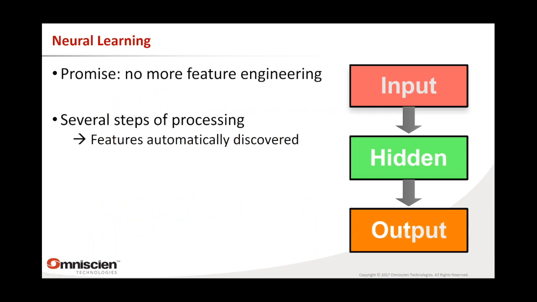The promise of neural networks is that we can forego some of this feature engineering. So instead of having the input and then coming up with features that represent the input most appropriately, we just have a generic hidden layer that automatically discovers features and then generates the output from there.